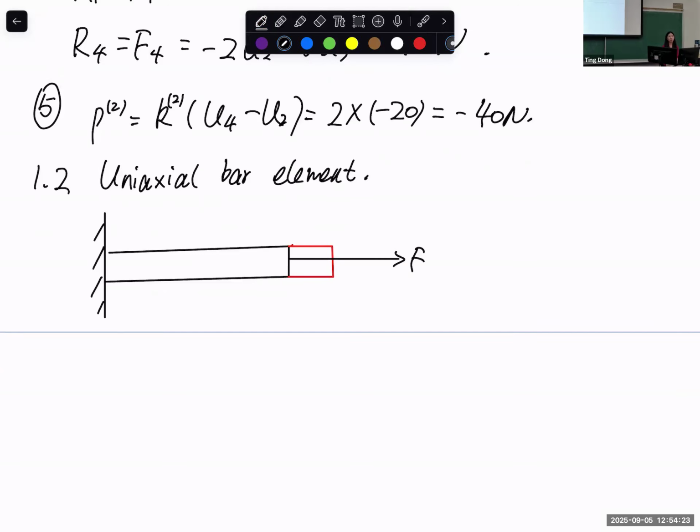Of course, a bar element is not the same as a spring. You have the K for a spring, and that's it. For the bar, you know the cross-section area, the length of the bar, and what material you use, so you know the Young's modulus.